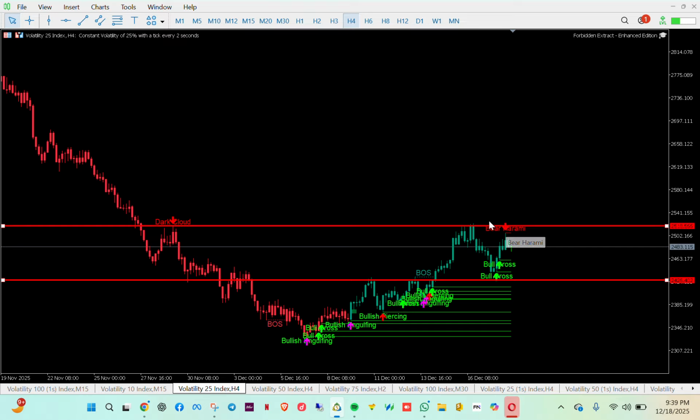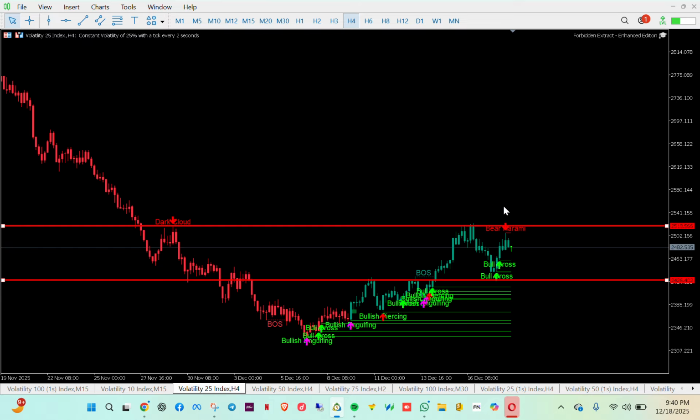Then wait for it, because the market can either do a double top here and start going down, since it has already mitigated this break of structure that you are seeing here. Or the market might decide to go here and break another structure to the upside, printing another break of structure.